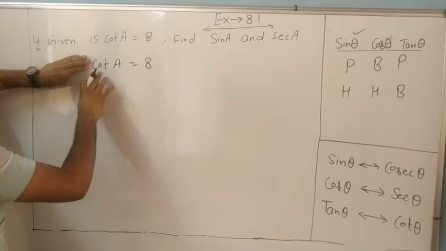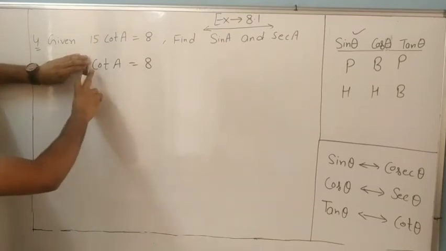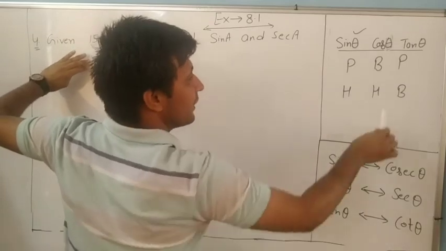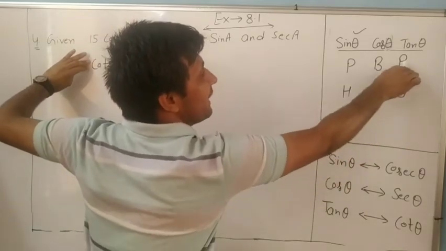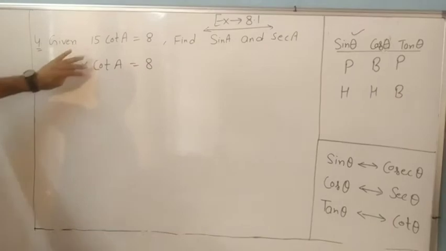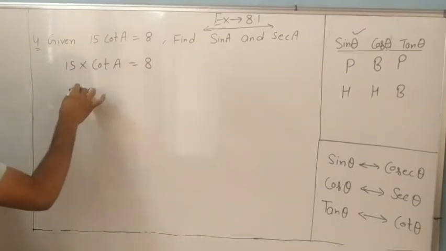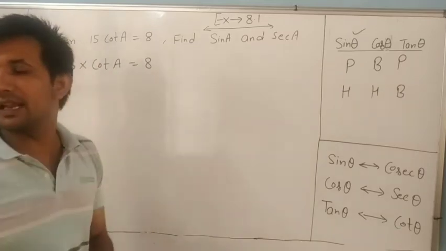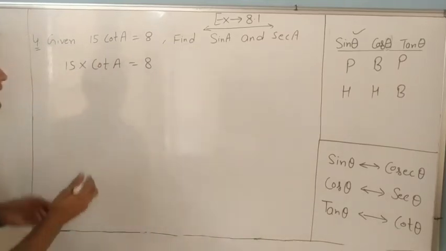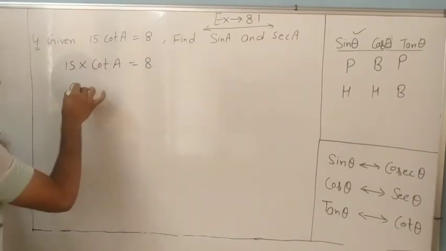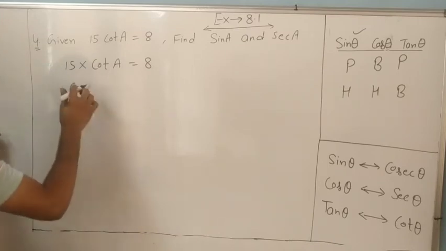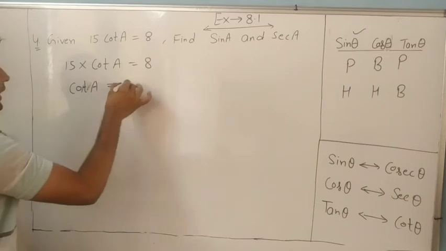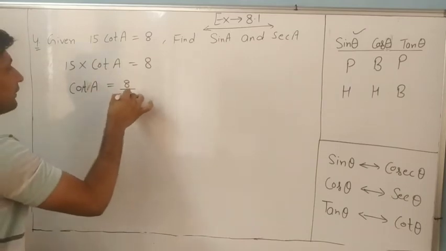Cot is opposite of tan, base divided by perpendicular. Since it is multiplied by 15, on the other side it becomes divide. So cot A equals 8 divided by 15.